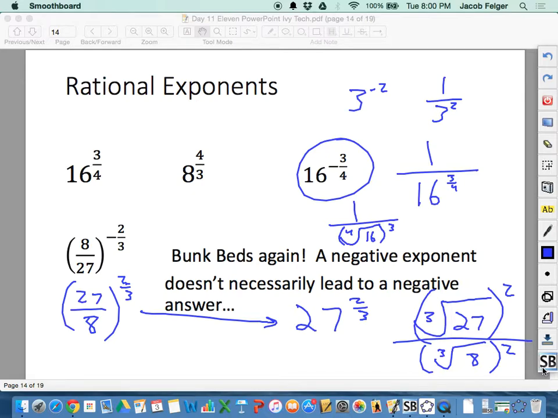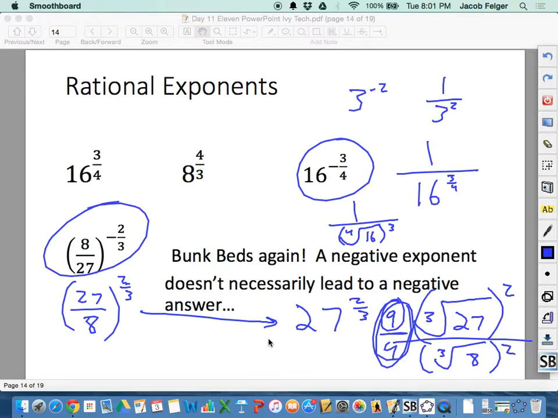I think we can probably evaluate this one. What times what times what is 27? So this would be 3 squared. 3 squared would be 9. And then the cube root of 8 is 2, 2 squared would be 4. So 9 over 4. Somehow that right there is equal to 9 over 4. Kind of crazy.